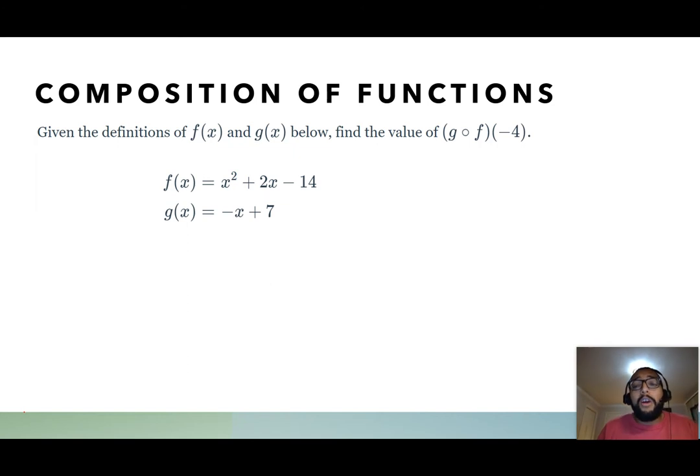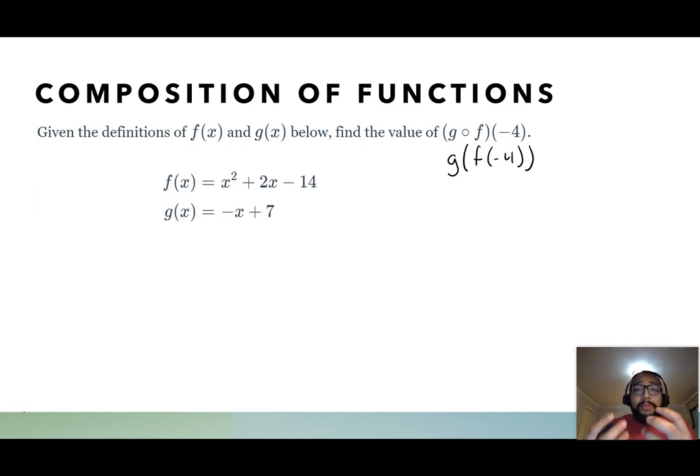But basically, we're going to rewrite g, the little circle sign, f of -4. That little circle sign means composition. So this is now read as g of f of -4, which is great news for us because we remember function notation, and this is always what we're doing.